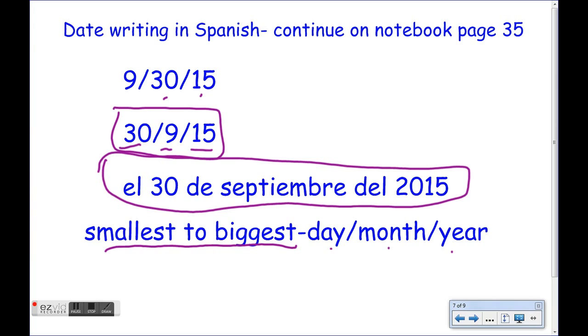Okay, so there's two we're going to practice with. The first one is going to be February 14th of 2016. So let's put this in the short format. We start with the day, so we put 14. Then the month, February is the second month.